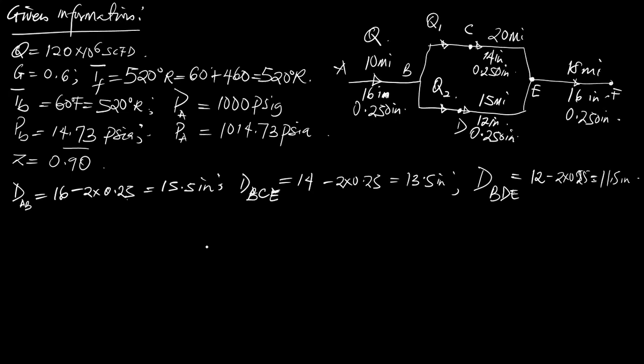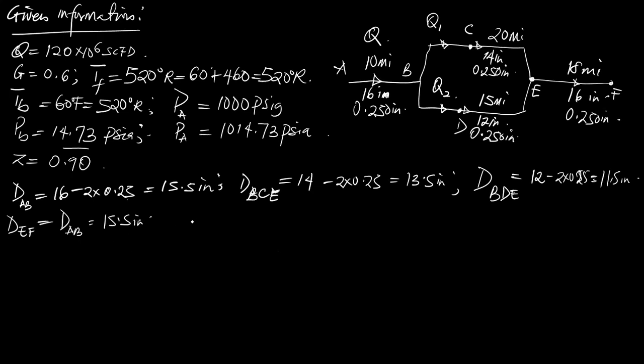Now, the EF is the same thing as AB, which is 15.5 inches.